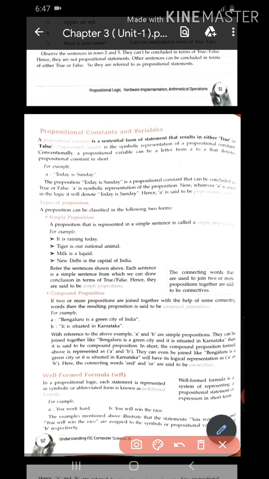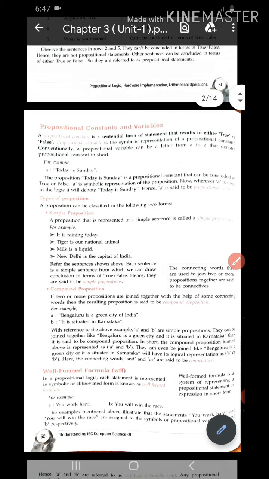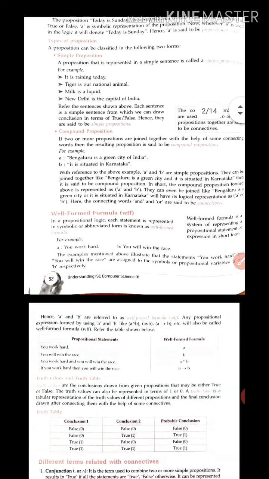Now we have some new things in front of us, that is the well-formed formula. A well-formed formula is a system of representing a propositional statement or expression in short form.